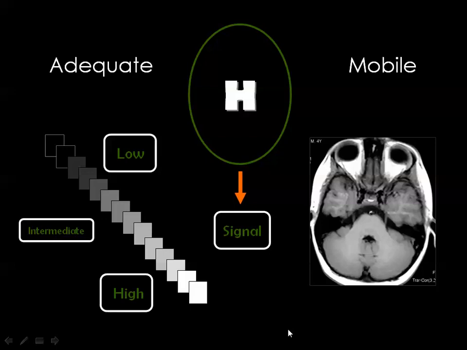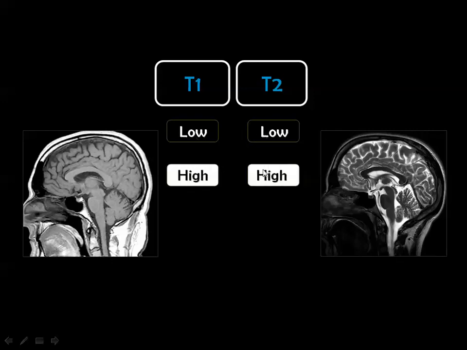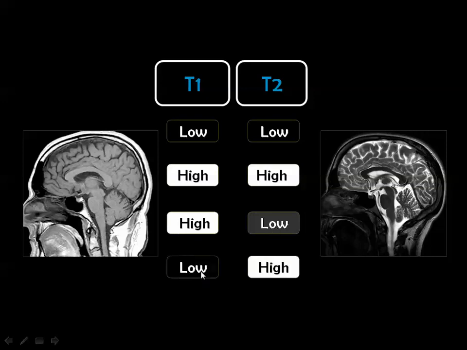Then you have 2 images, T1 and T2, and you have 2 colors, black and white, and there are 4 possibilities. Either the lesion or the structure is low in both images, high in both images, high in the T1 and low in the T2, or low in the T1 and high in the T2, and this is water.